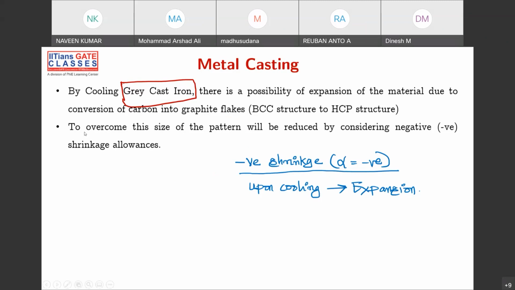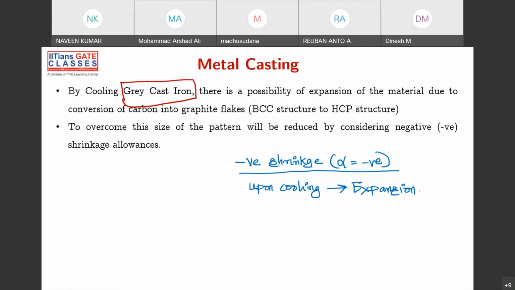Now to overcome the size change, obviously you have to reduce the size of the pattern, because if your pattern size is less, your cavity size will be less. As your cavity size is less, you pour it, and after some time it is going to expand. Am I right or wrong? Yes.